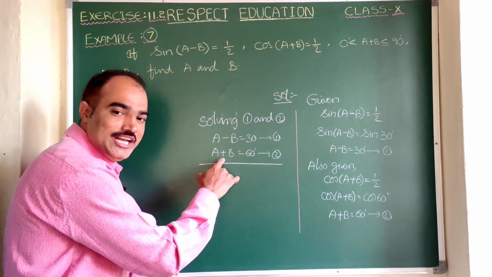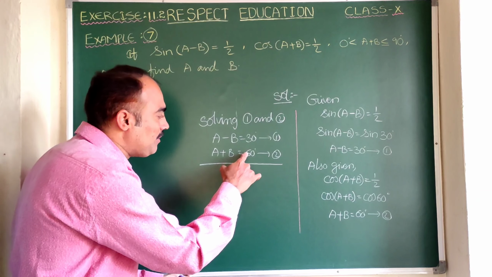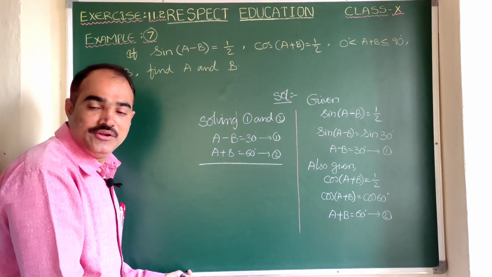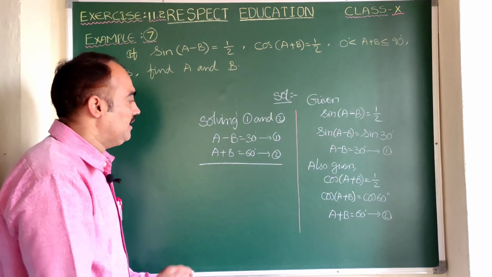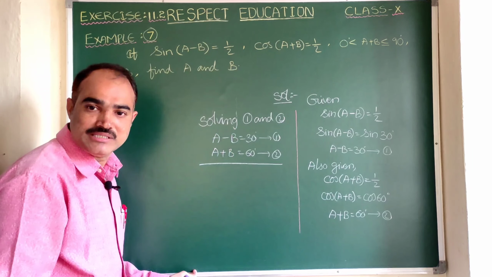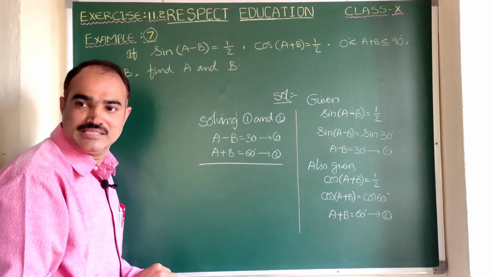Here plus b becomes minus b. So minus 2b is equal to 30 minus 60, which is minus 30. Since minus b and b have different symbols, directly we can add them, so that minus b and plus b both get cancelled.